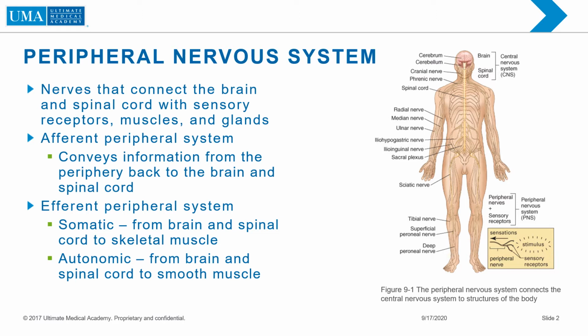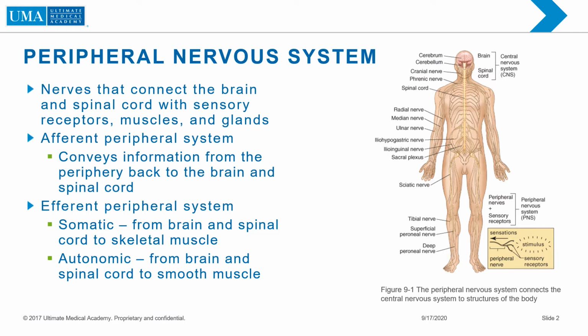The PNS can be divided into two subcategories: the afferent peripheral system, which consists of afferent or sensory neurons that convey information from receptors in the periphery of the body to the brain and spinal cord. Second is the efferent peripheral system, which consists of efferent or motor neurons that convey information from the brain and spinal cord to the muscles and glands.